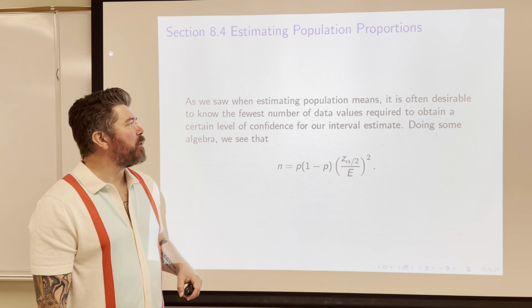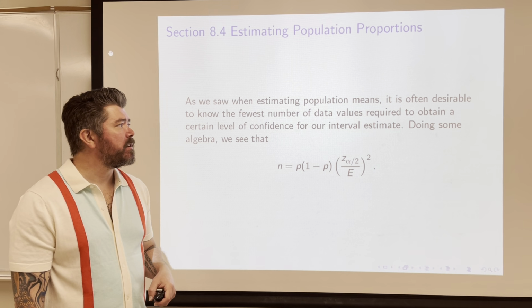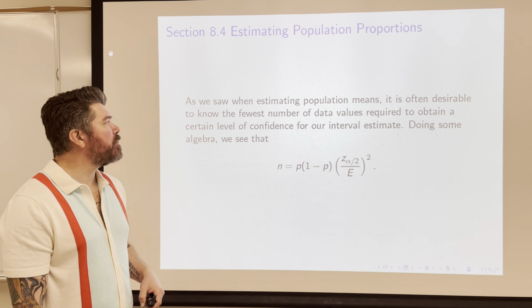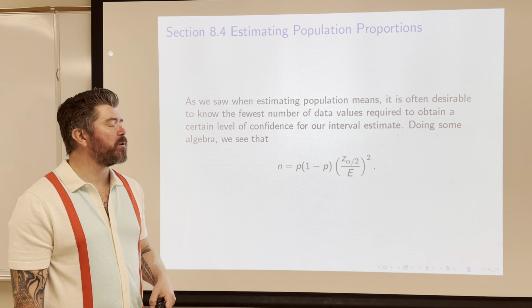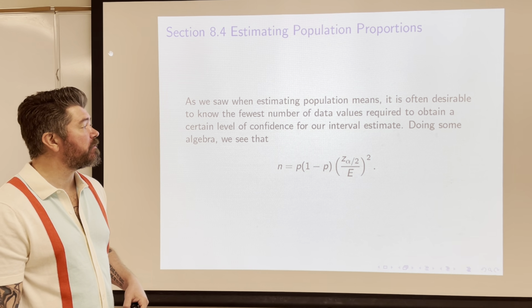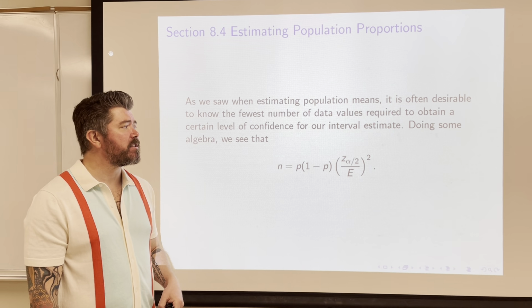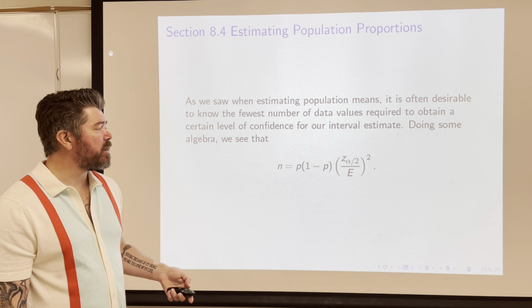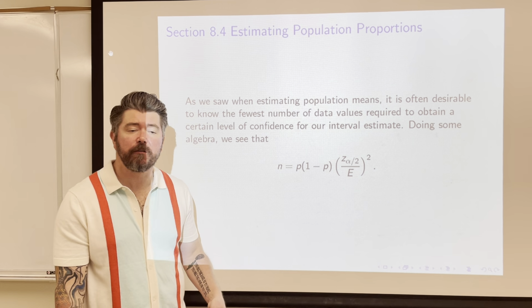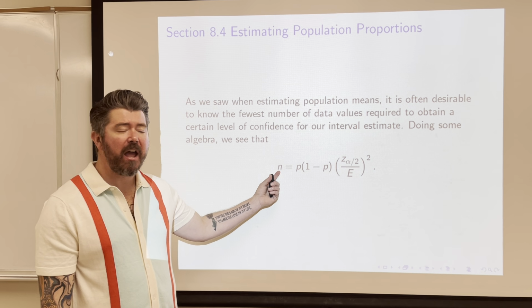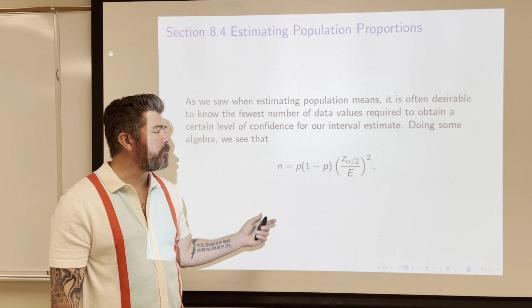As we saw when estimating population means, it is often desirable to know the fewest number of data values required to obtain a certain level of confidence for our interval estimate. Doing some algebra, if we take our error formula and resolve for n, we get the following formula.